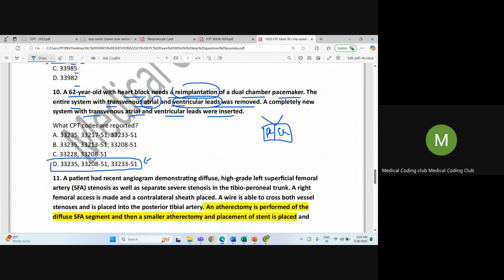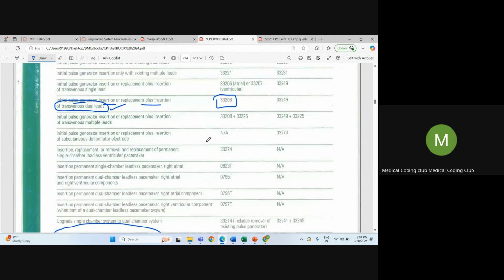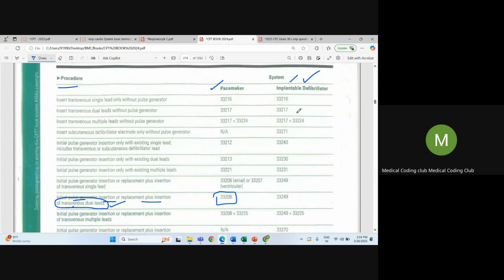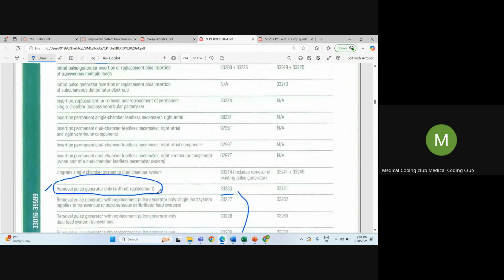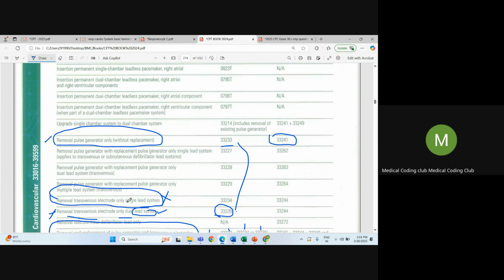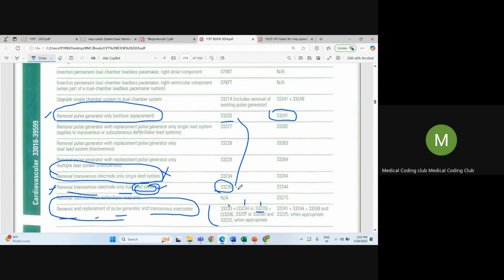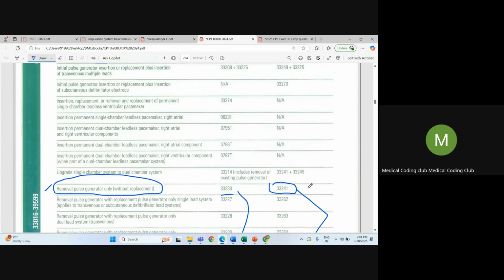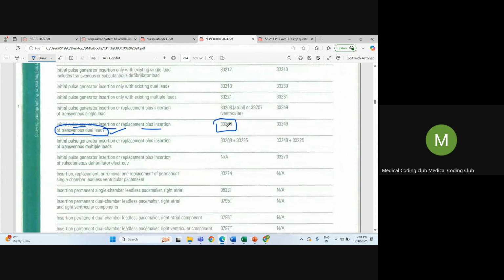In the same way, if the question is dual chamber removal and replacement of defibrillator, you will come here. The same concept applies. Removal of pulse generator is 33241, and removal of transvenous electrode, dual lead system is 33244. This gives you the removal codes, and for replacement, a new insertion, you will choose 33249.